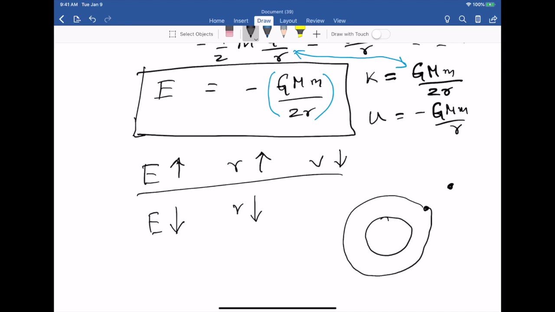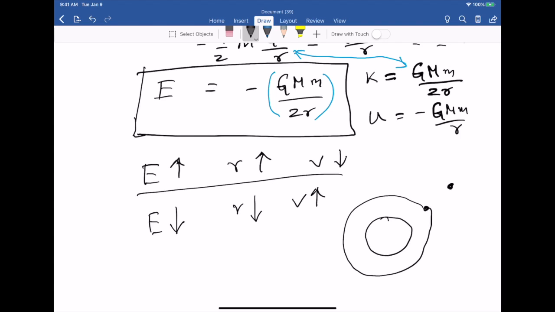It's sometimes called a lower orbit, and its velocity will increase. So if it loses energy, its velocity will increase. If it gains energy, its velocity will go down. And if it loses energy, it moves to a closer orbit. If it gains energy, it moves to a higher orbit.